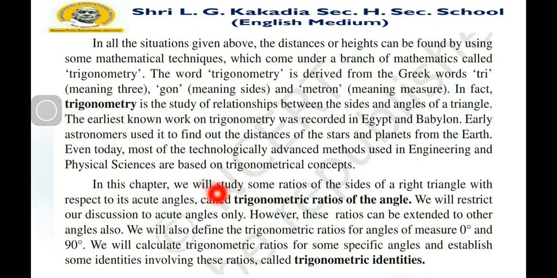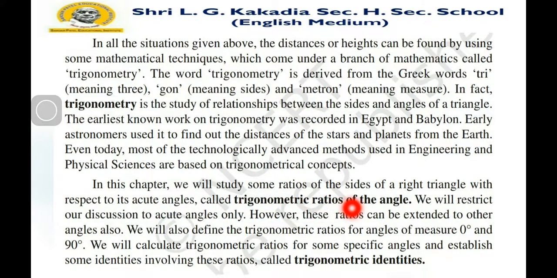In this chapter, we will study some ratios of the sides of a right triangle with respect to its acute angle, called trigonometric ratios of the angle. We will restrict our discussion to acute angles only.